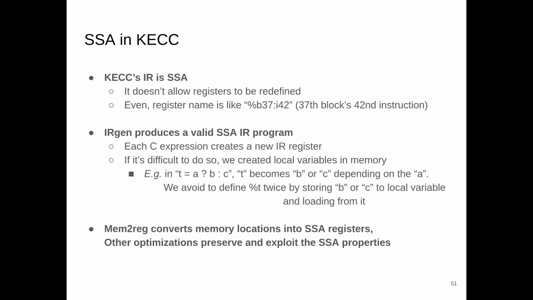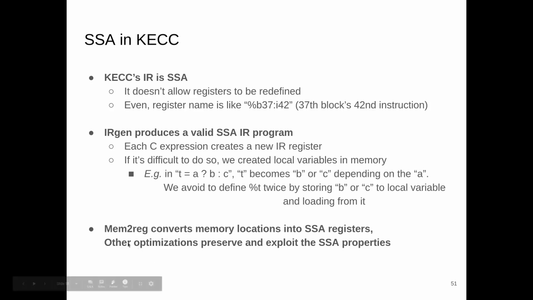So it introduces registers and defines many registers in the translation, but it guarantees that all the registers are still defined at most once. This is basically the key SSA construction algorithm that is used in KECC.